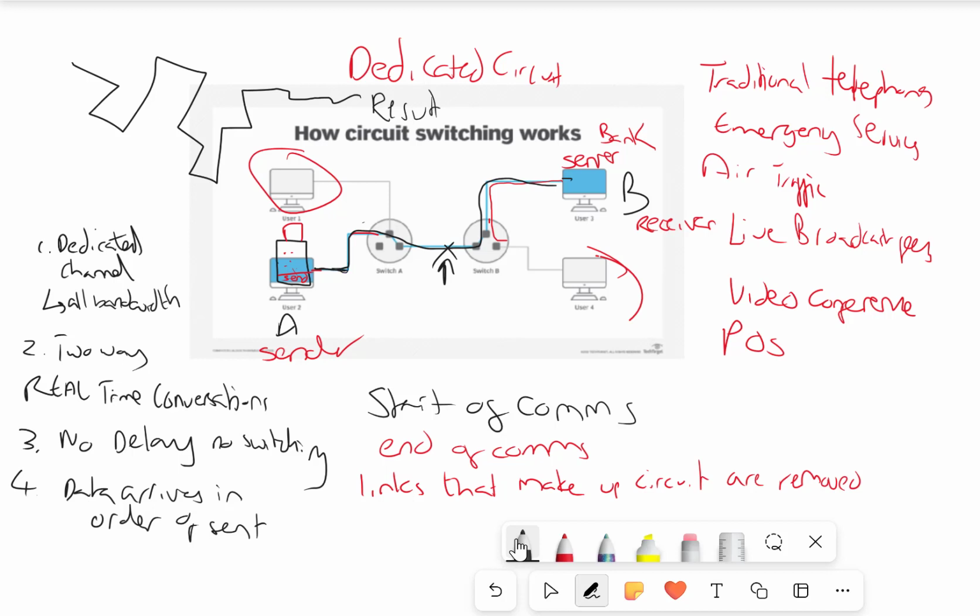Well, packet switching and circuit switching is going to be the same in that respect. Data won't really get lost in either of them. It's very rare. And as I said previously, all the data is sent along the same route with circuit switching. All data, same route.